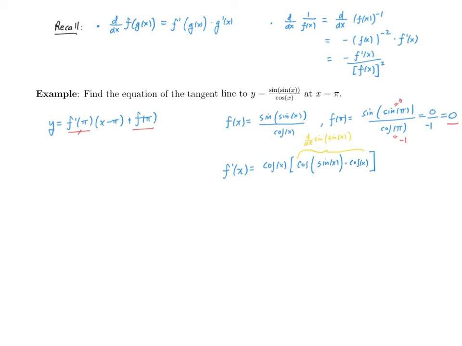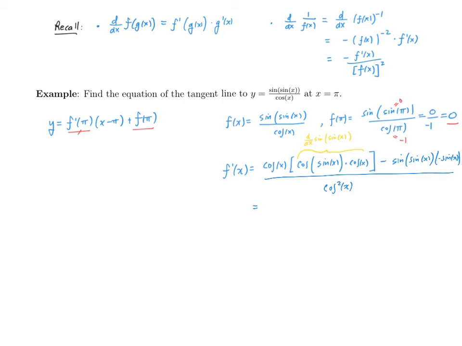So the quotient rule, once again, we have low d high minus high d low, and the derivative of cosine is minus sine, and this is all divided by cosine squared in the bottom. Let's just simplify slightly, and then we'll substitute in pi.